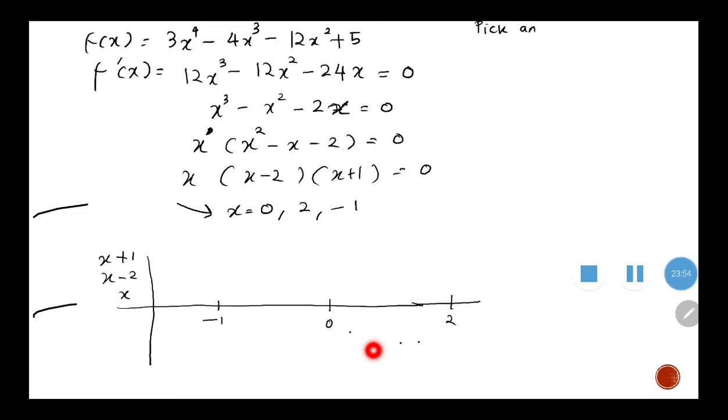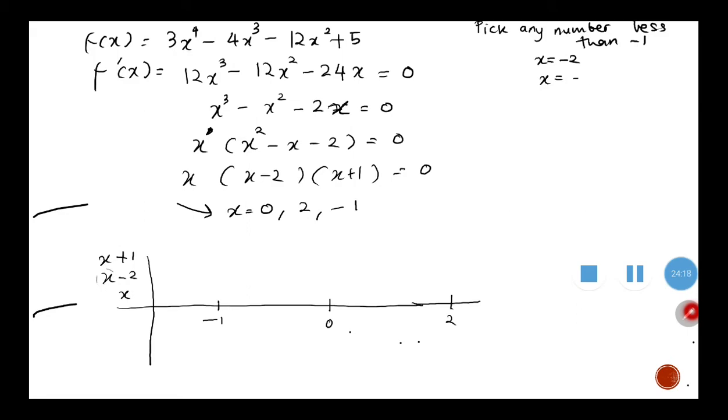We do it from the left hand side. Pick any number less than minus 1. Any number less than minus 1 is, for example, x equal to minus 2. Now x equal to minus 2, you put into this part here.